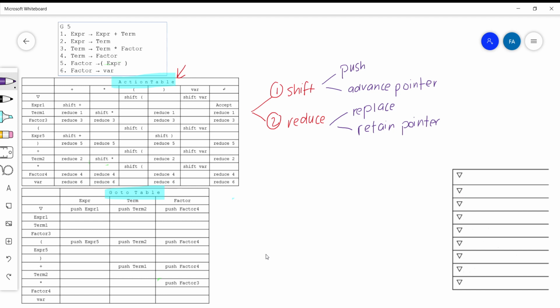So let's do a demonstration for an input pointer. So this is our input, var times var and marker. We're going to do a stack parsing operation.